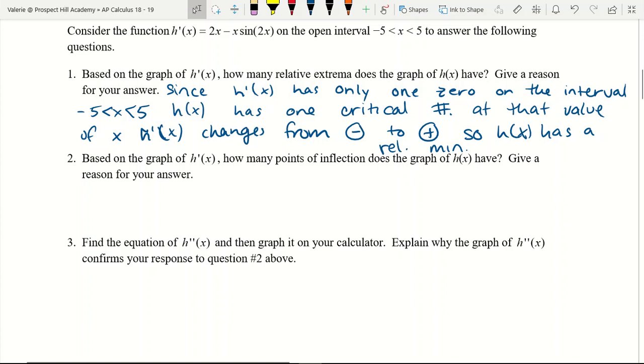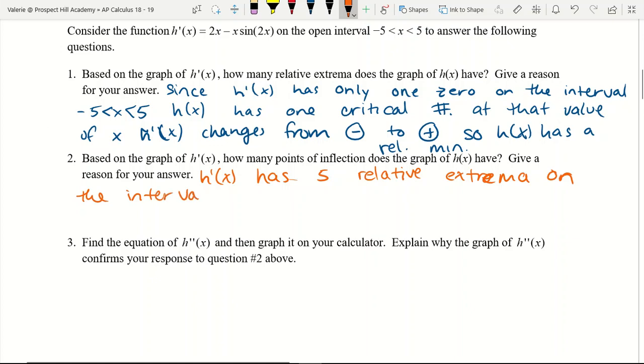So the derivative h prime of x has 5 relative extrema on the interval negative 5 to 5.